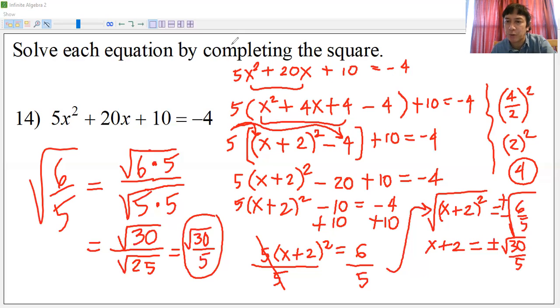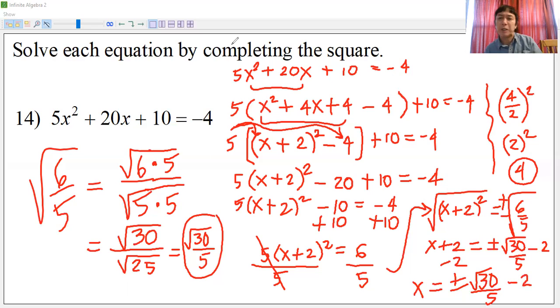We're going to subtract 2 from both sides. So subtract 2 and subtract 2. There. And so this will now become x. X is equal to plus or minus square root of 30 over 5. And we have a minus 2 over there. Now, to make the denominator the same with a 5, we shall introduce to the negative 2 a 5 over 5.